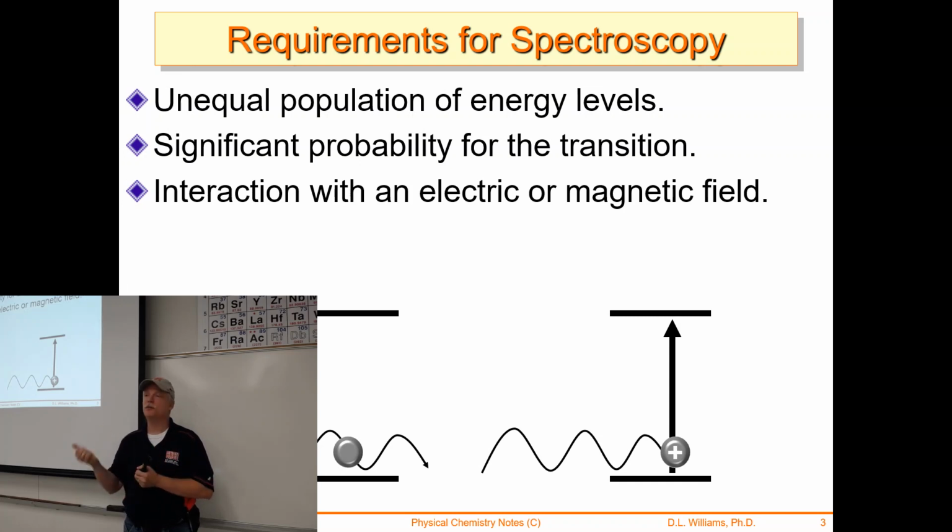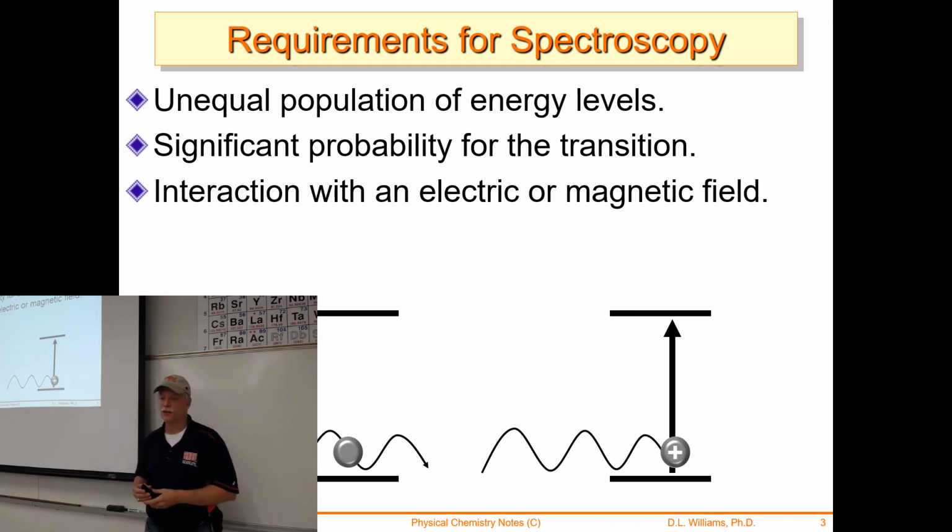Whereas if you're doing absorption or emission, that light's interacting with the charged electron and that light's acting like a dipole. So a single photon experiment, that calculation would be the transition dipole moment because light's acting like a dipole. So I'll use those terms interchangeably. And so then we also need interaction with an electric or magnetic field.